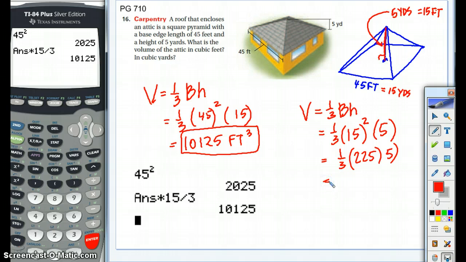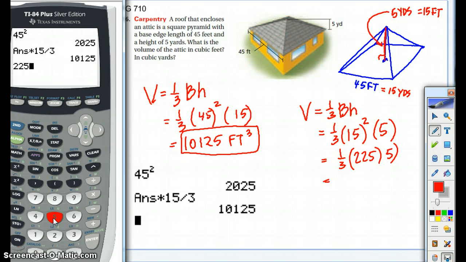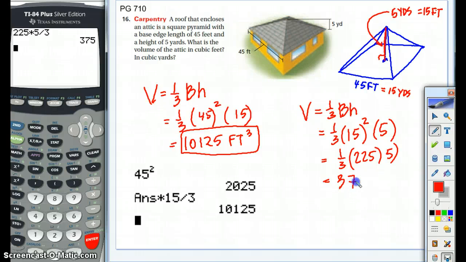Nothing I can really cancel here very easily in my head, so I'm going to do 225 times 5 divided by 3. And we get the volume in cubic yards is 375. And that would be cubic yards. So those are our two answers. Over here we have the answer in cubic feet, and over here we have the answer in cubic yards.